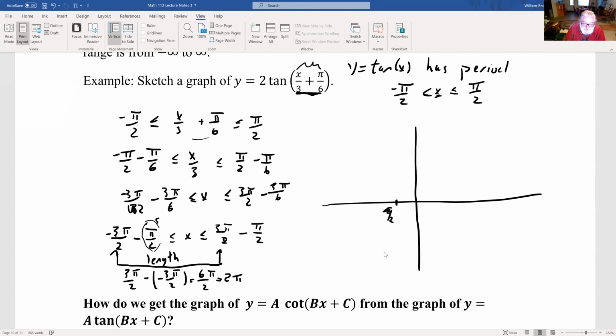What did I do? So actually, we're starting it at minus 3 pi over 2 minus pi over 2, which is minus 4 pi over 2, which is minus 2 pi. And then this is to minus pi.